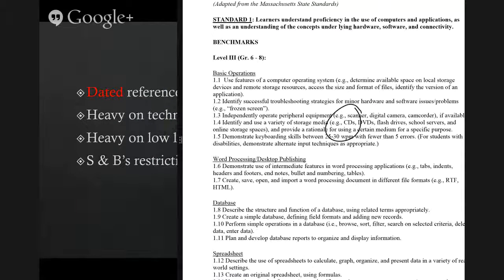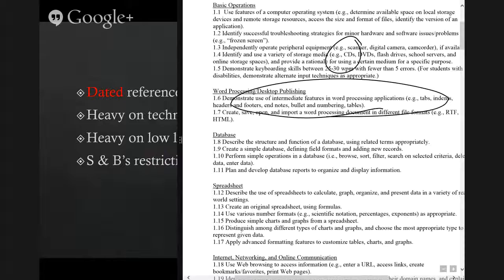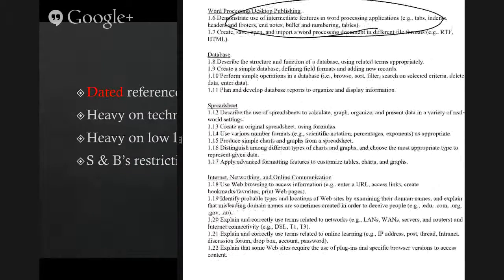Also, the language is very technical in nature. These are low-level skills, and are they really necessary to be in the standards and benchmarks? I'm not necessarily sure. You'll see there's talk about word processing and tab indents, and also references to more technical skills that most general population students are never going to have to learn about or want to learn about.